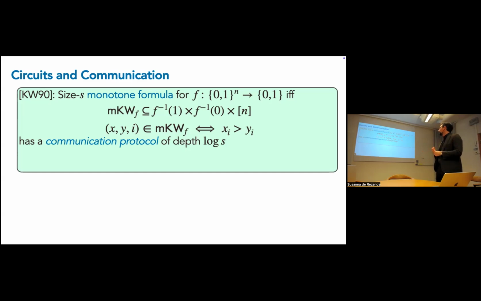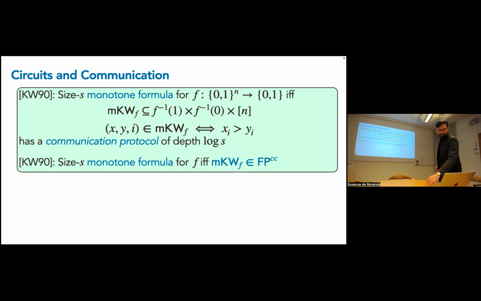The function is monotone, and you want to output the index of a bit in the 1 part which is greater than the same bit in the 0 part. This is total because f is monotone. The sizes are off by a logarithmic factor.